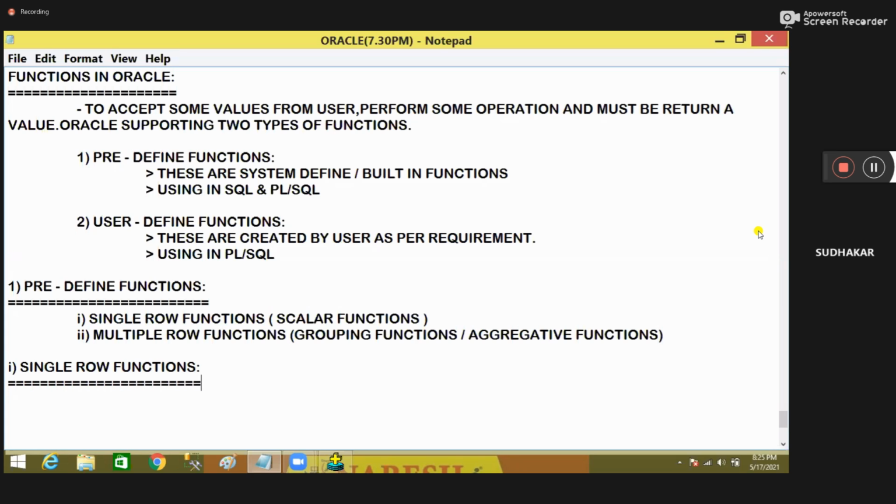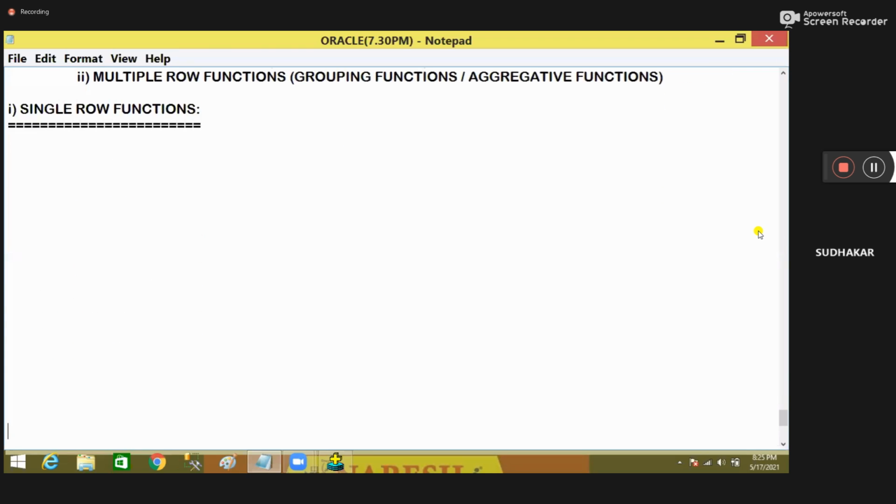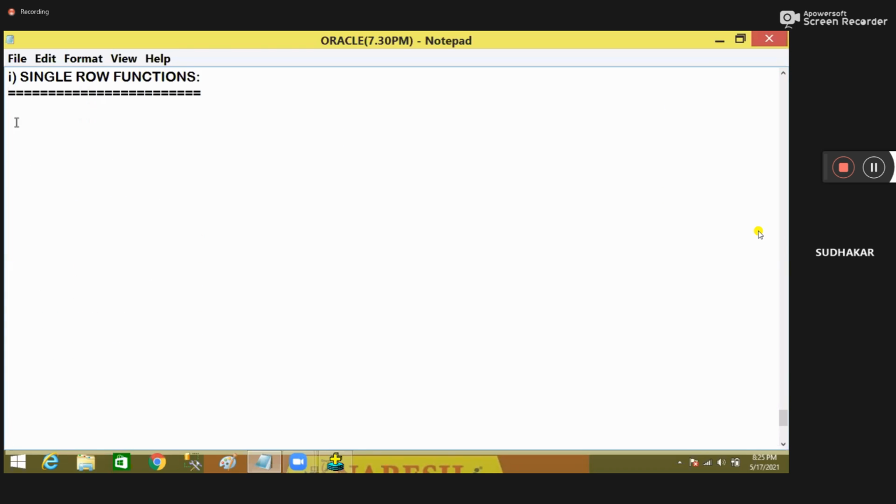First we will discuss single row functions. Simply put, these functions return a single value only.